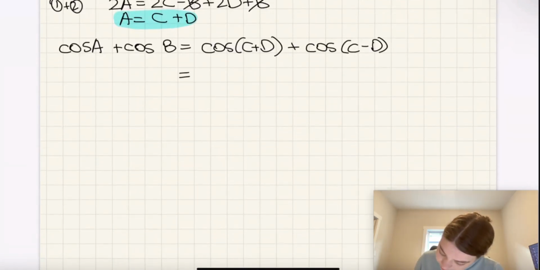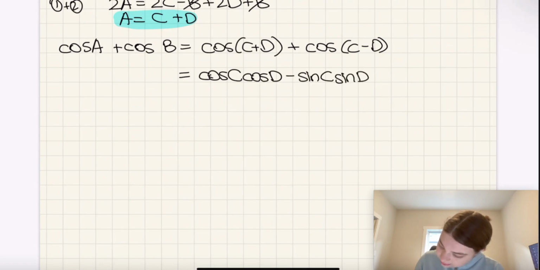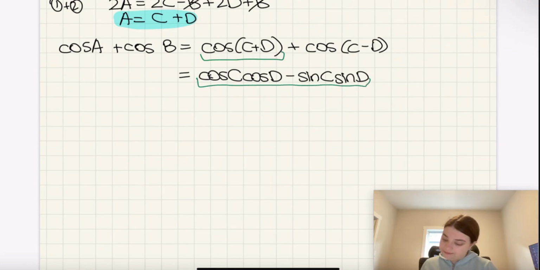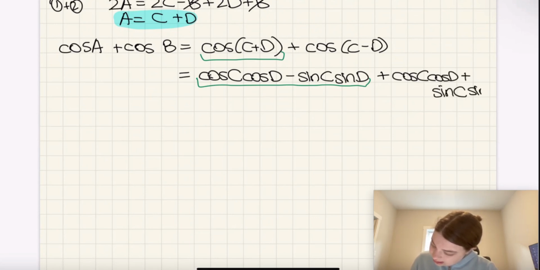So this is equal to cosine C cosine D minus sine C sine D, right? So this part here, cosine of (C plus D), recall that that is equal to cosine C cosine D minus sine C sine D. Then we're going to add the next part, which is going to be cosine C cosine D plus, actually in this one, sine C sine D, like that.